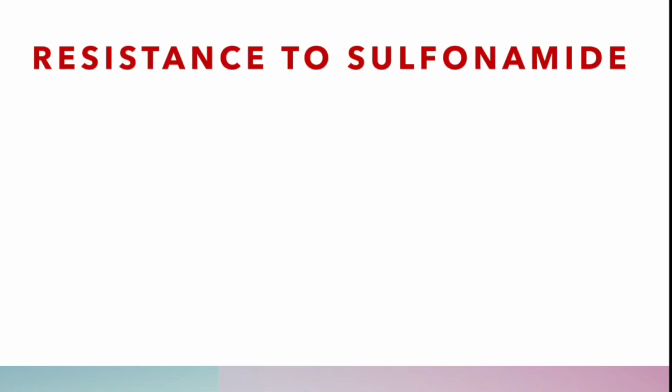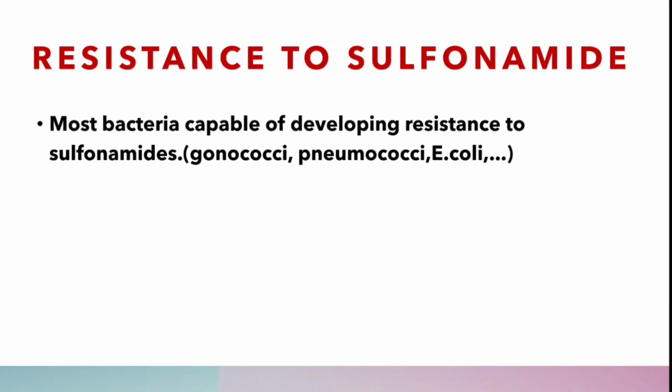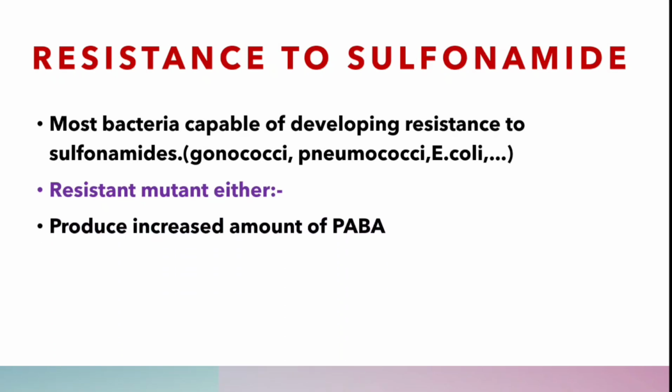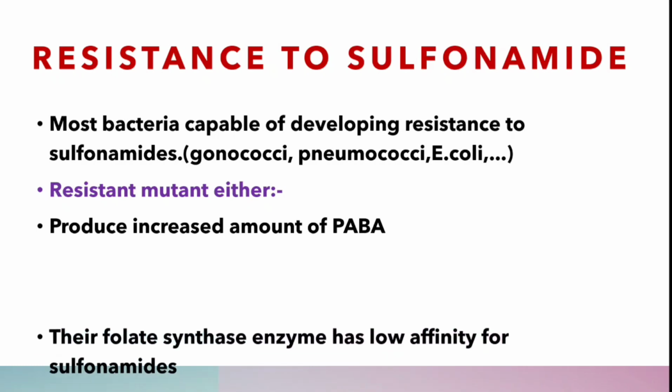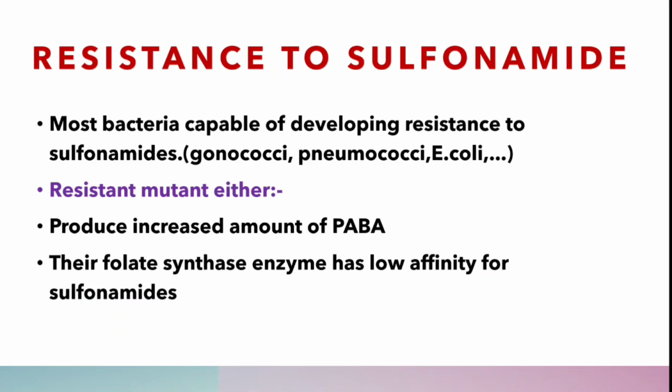Next, certain bacteria can produce resistance against sulfonamides, like gonococci, pneumococci, E. coli, etc. This resistance is produced either by an increase in the amount of para-aminobenzoic acid, or by a bacterial folate synthase enzyme having a low affinity to the sulfonamide.